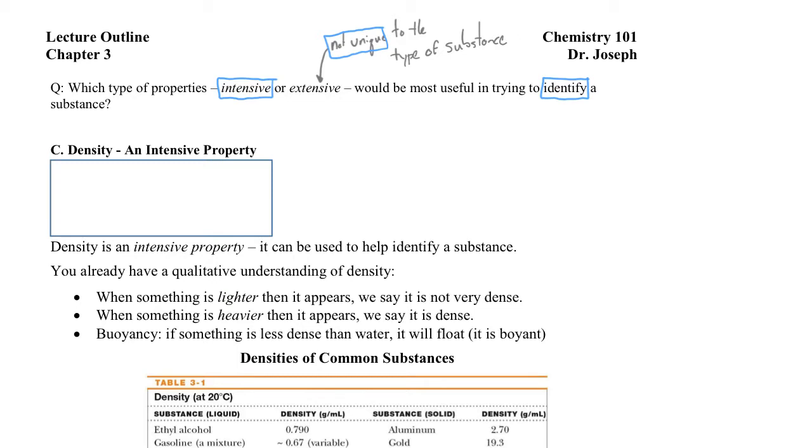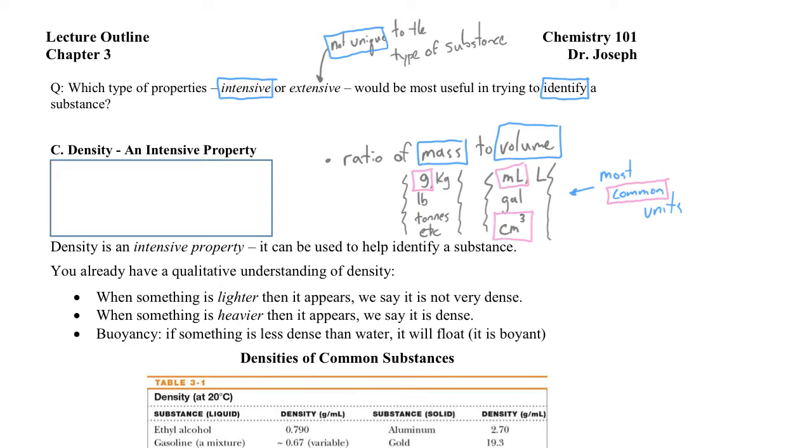Intensive properties, on the other hand, are intrinsic to the type of material that you're dealing with, so they can be used as a way to help us identify compounds. One of the most useful of the intensive properties in helping us do this is density. Density is an intensive property that relates mass of a substance to its volume.